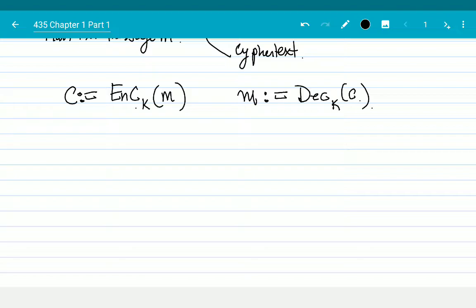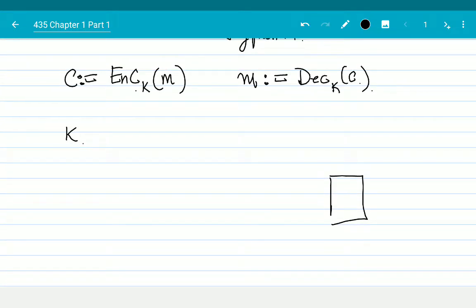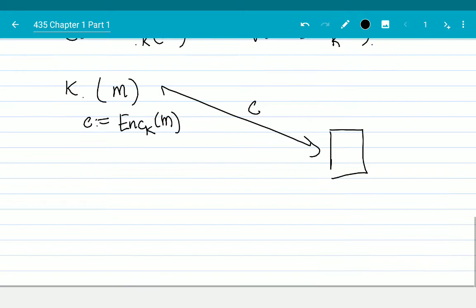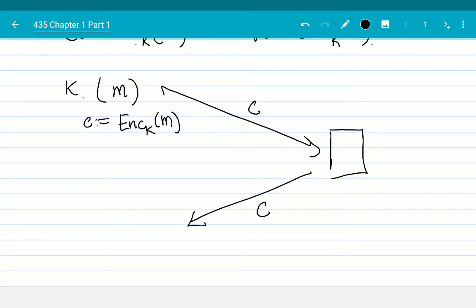You are saving some private data on your computer, in which case you are just encrypting onto a machine the message M. So this becomes C is equal to encryption by K of M. You're sending C. Well, the message received is again C, and now you use the key K on C, and you say, well, M is equal to decryption by K.